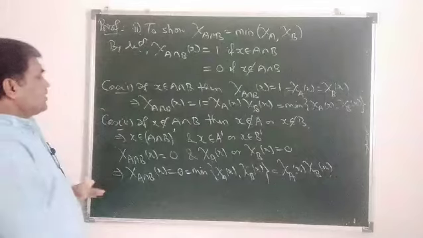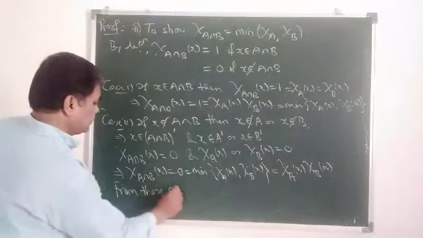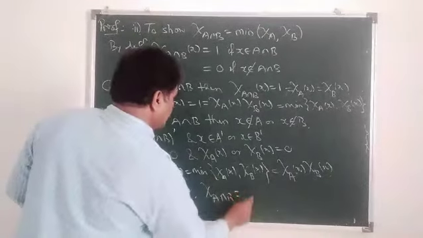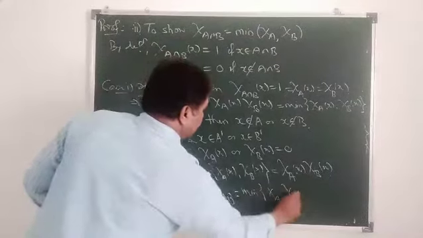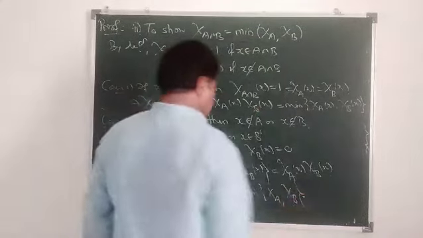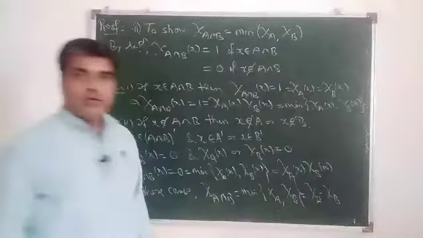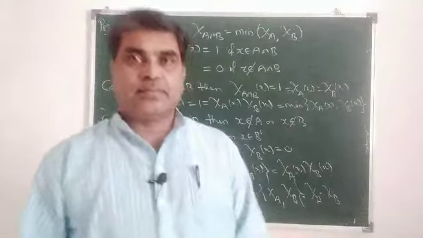From these cases, psi A intersection B must be equal to minimum of psi A, psi B, which is equal to psi A into psi B function. On the same line, we can prove other properties.